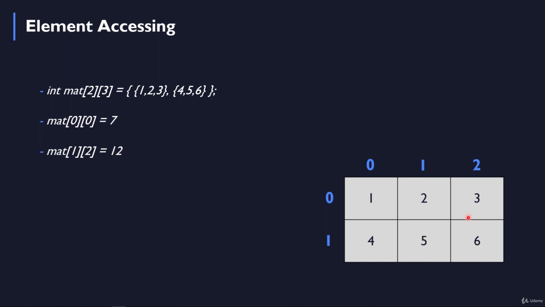Now that you know how to access each element and change it directly, you can also use it to your advantage and simply print the value to the screen. You can print any of the elements of this two-dimensional array using the printf function.